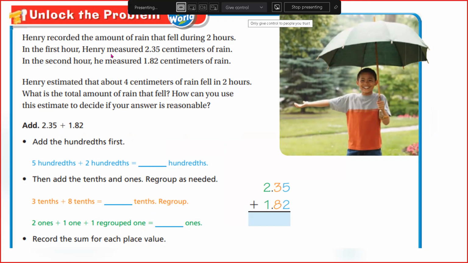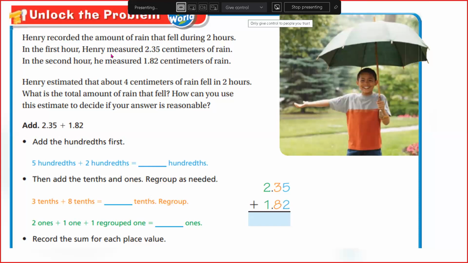Henry estimated that about 4 centimeters of rain fell in 2 hours. What is the total amount of the rain that fell? So they told me that in the first hour, we have 2.35. In the second hour, we have 1.82. And they asked me now, what is the total amount of the rain that fell?